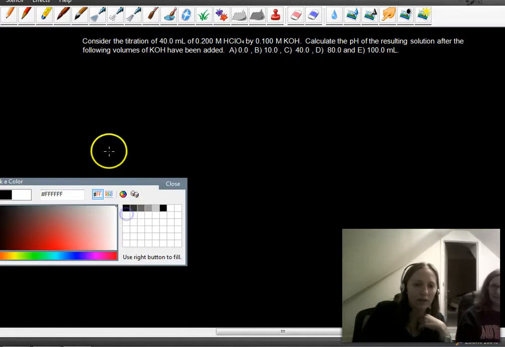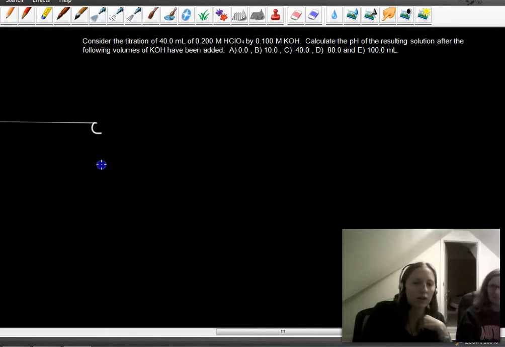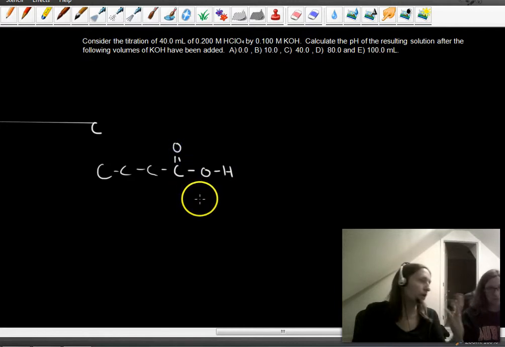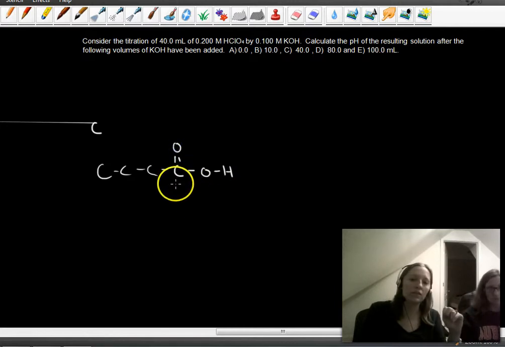Pen, come out of hiding. Yeah, there we go. It'll have carbon, and then it'll be attached to one carbon that has an O and an H and a double bond O. This is part of the organic chemistry unit. This is an ending that is called a carboxylic acid.